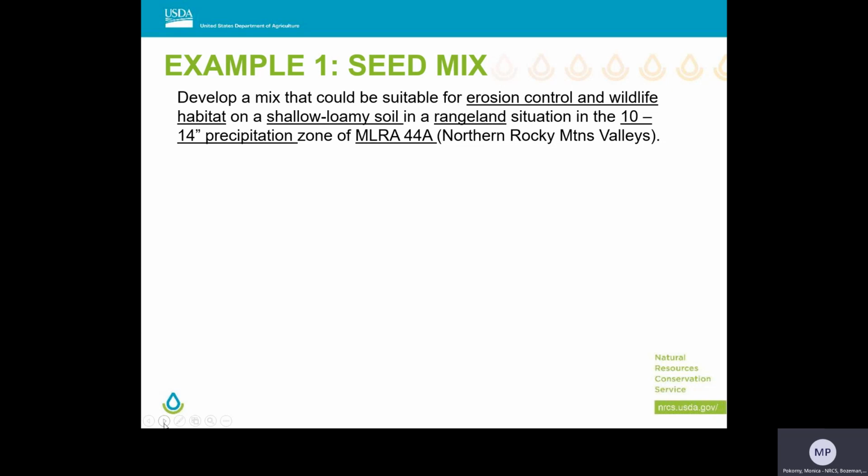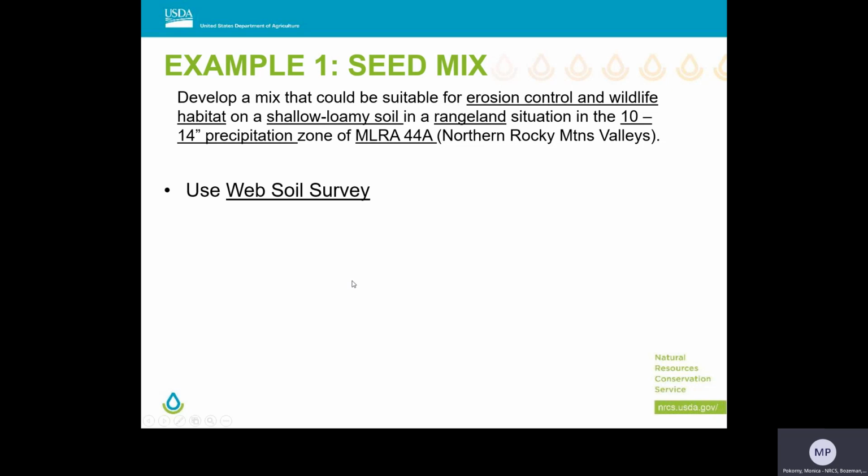So our first example is that we want to develop a mix that can be suitable for erosion control and wildlife habitat on a shallow, loamy soil in a rangeland situation. And we're in the 10 to 14 inch precip zone of MLRA 44A. So some of the first things I key into here is that I'm in a rangeland setting, so I'm thinking immediately of native species for the site.